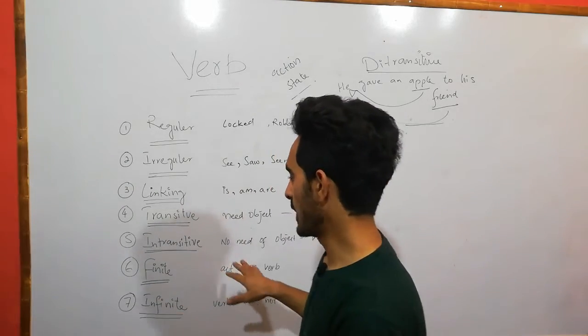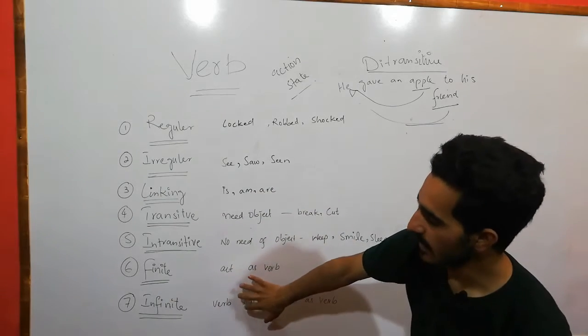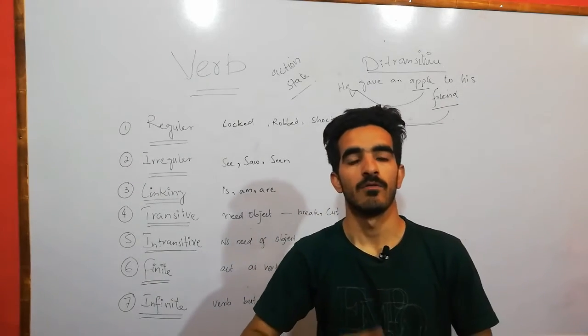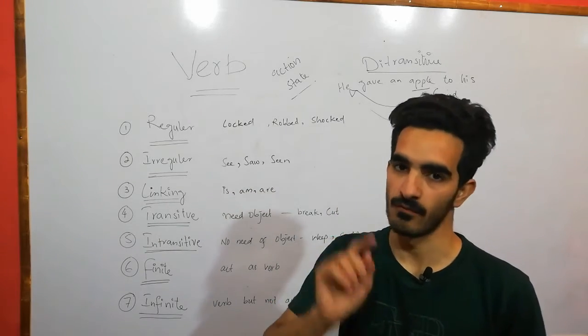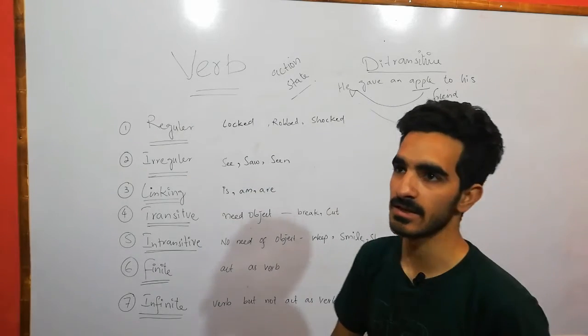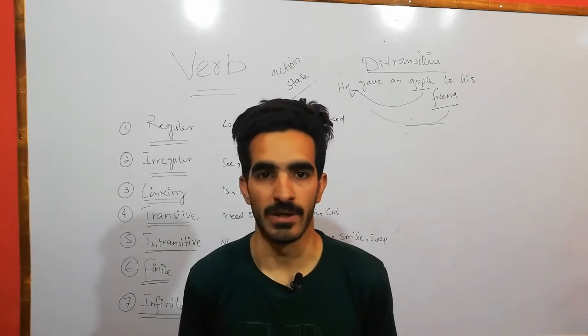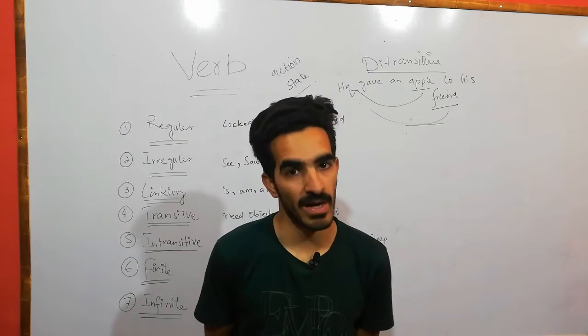Another topic is the finite verb and infinite verb. The difference is that a finite verb acts as a verb, and an infinite verb does not act as a verb. For example, I say he is walking slowly. Here walking is a verb.